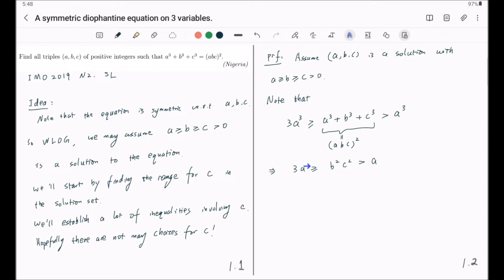Okay, good. We have found a good relation involving c. Now let's look at the sum of b cubed and c cubed. This is equal to a squared times b squared c squared minus a. This is just the rewriting of the equation.